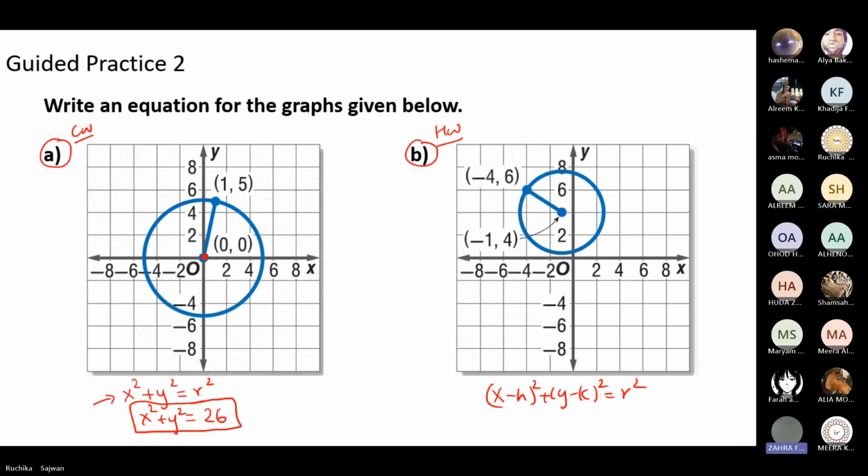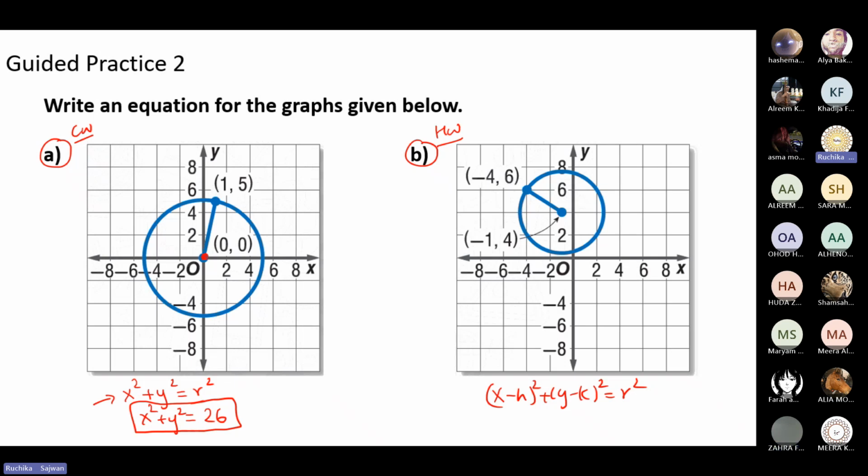Miss, I have a question. Yes. Do we have to take the square root of the radius to get rid of the square? Can you repeat your question? Miss, when we get the radius, we have to take the square root, right? No need. If the question asks you to find the radius, for an MCQ, only then you take the square root.